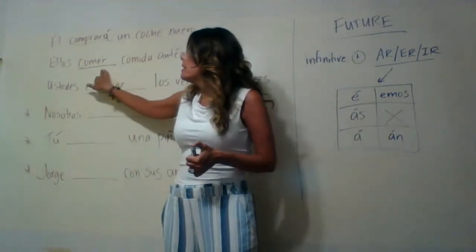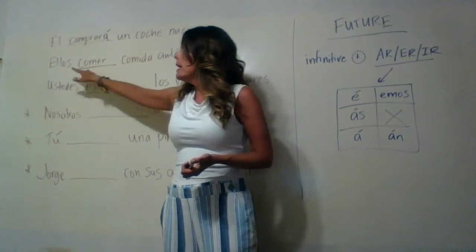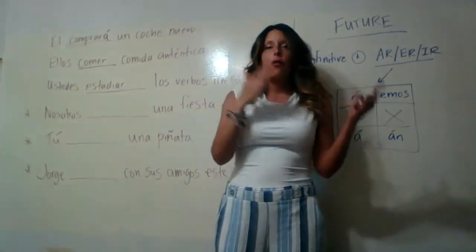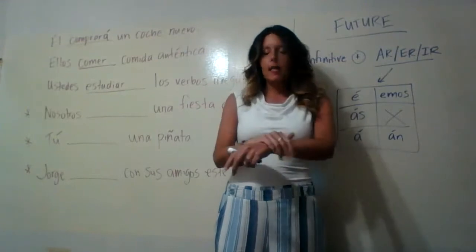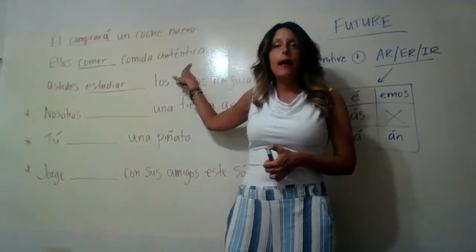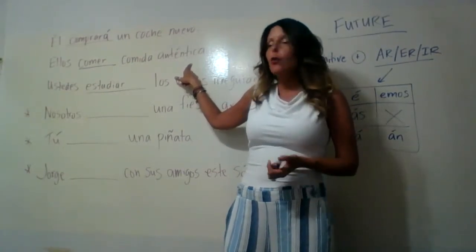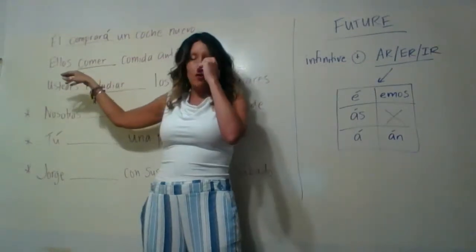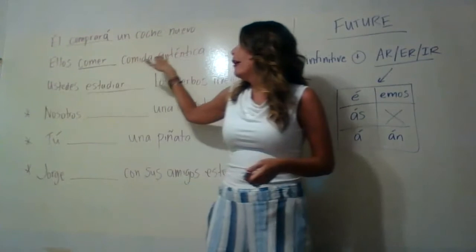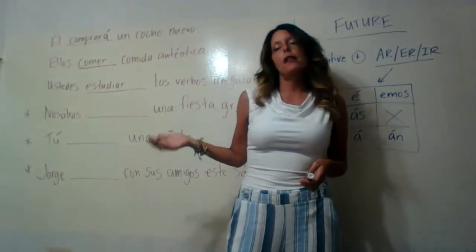In our next sentence, with comer, to eat, since the subject is ellos, they will eat comida auténtica. What might comida auténtica mean? Authentic food. So our sentence, whenever we fill in that blank, is going to be, they will eat authentic food.